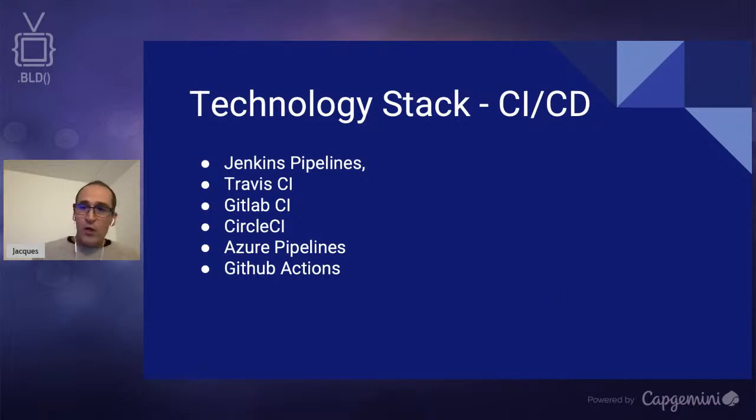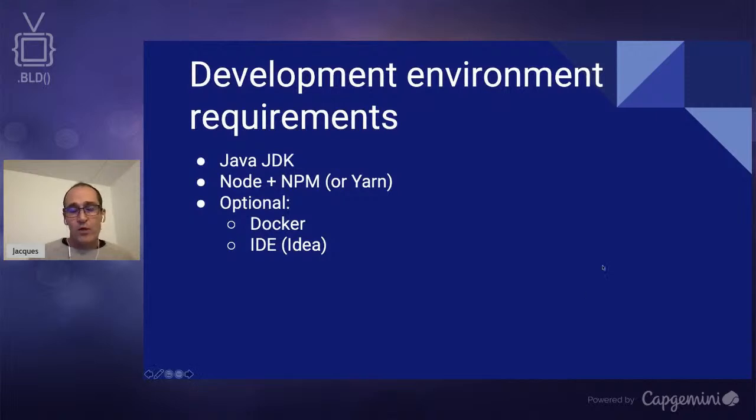So if we look at what's required for the development environment, it's actually not a lot. The only thing that you really need to pre-install is Java, obviously your JDK, and then also Node and NPM, or Yarn if you prefer to use Yarn. And then what is optional is to have Docker installed.